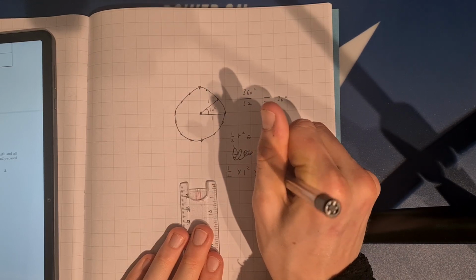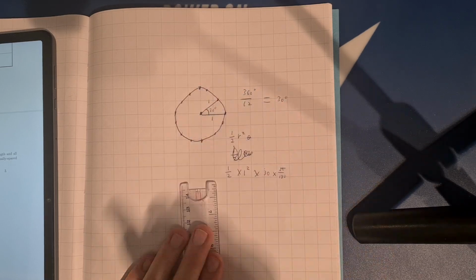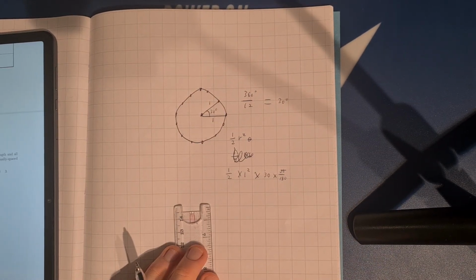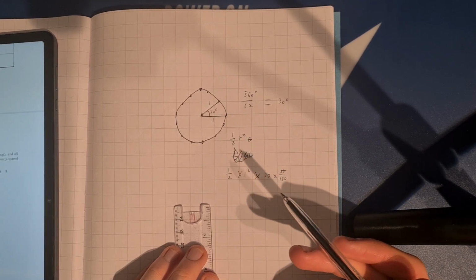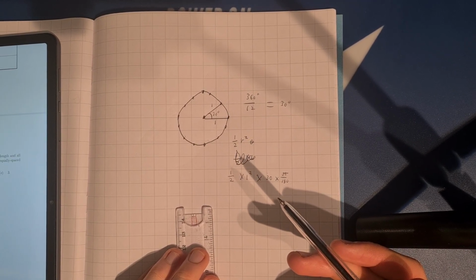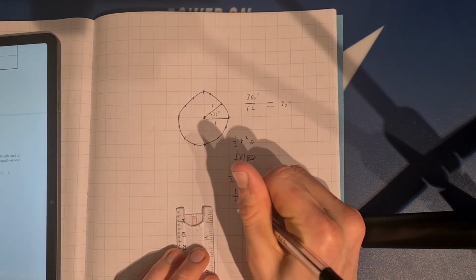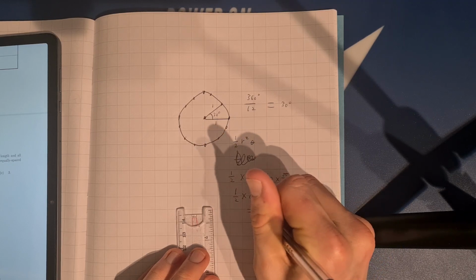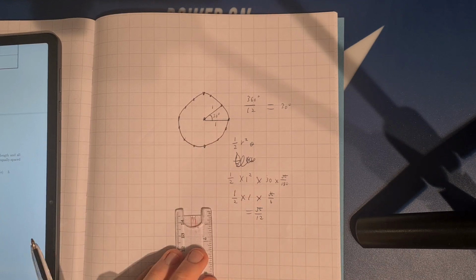We're going to convert it to radians, so 30 times pi over 180. And that should be the area of that single sector there. So 30 over 180 gives you 1 over 6. So this is a half times 1 times pi over 6, which is equal to pi over 12. So that's one of these sectors.